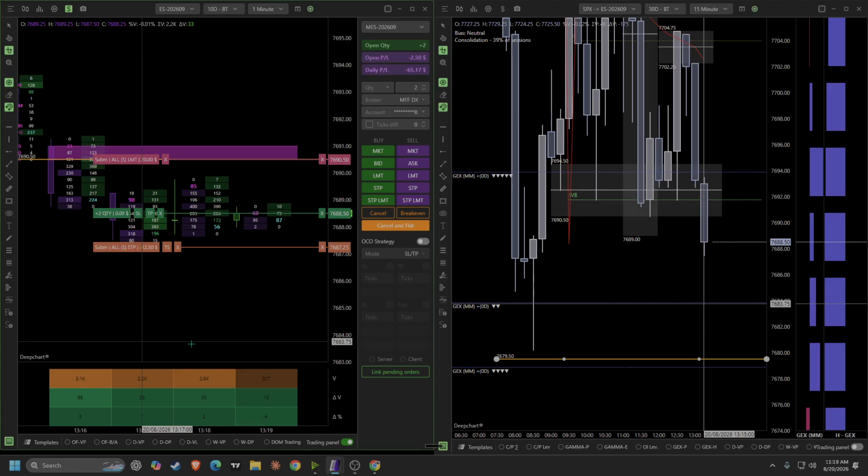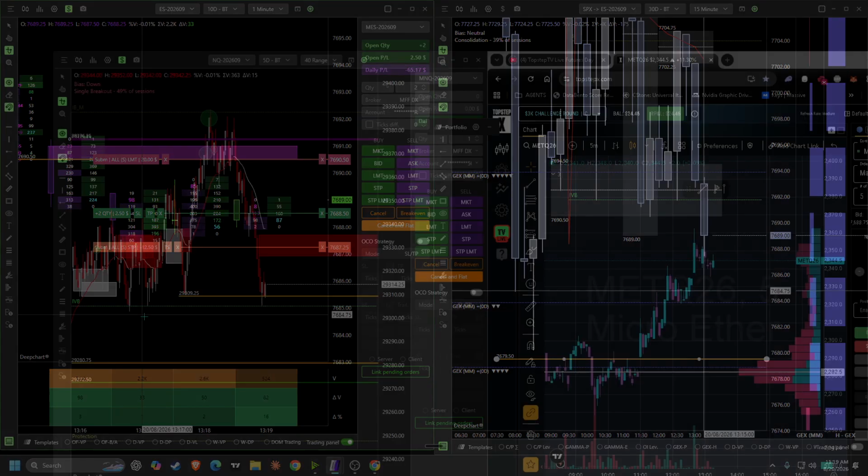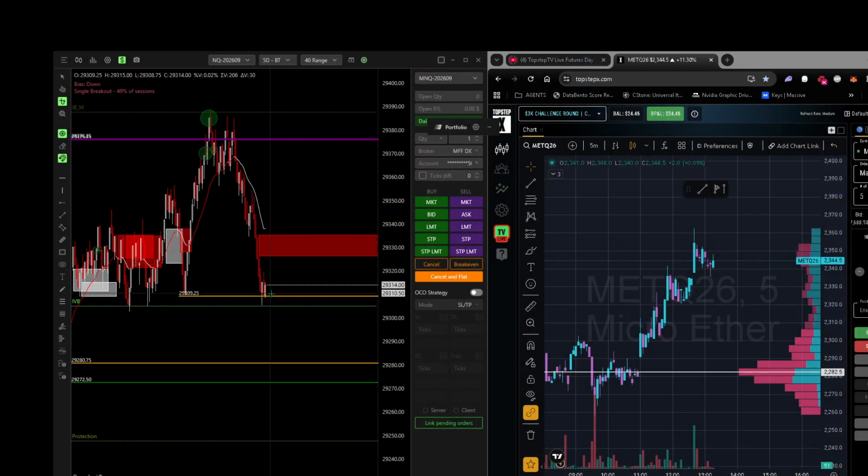I do think there's more room to the downside right now, but I'm looking for a small little pullback. In Q, we had some resistance on the IVB.